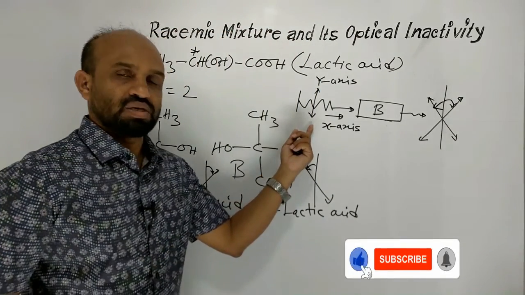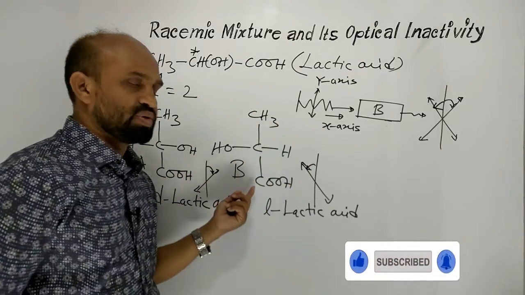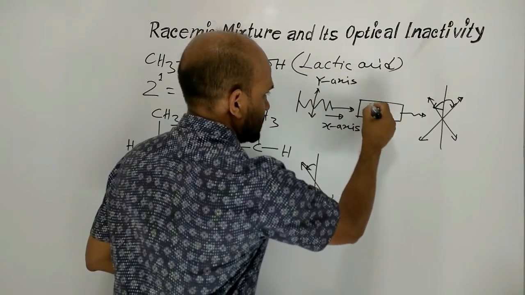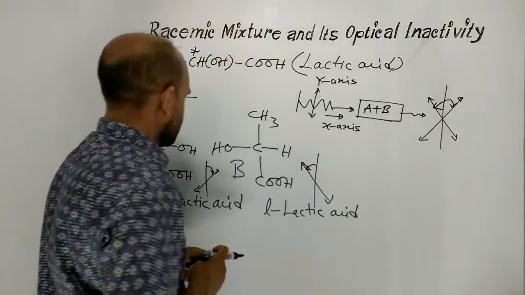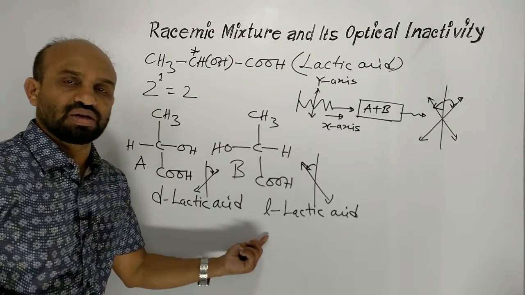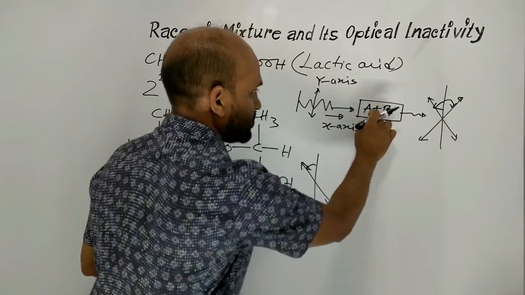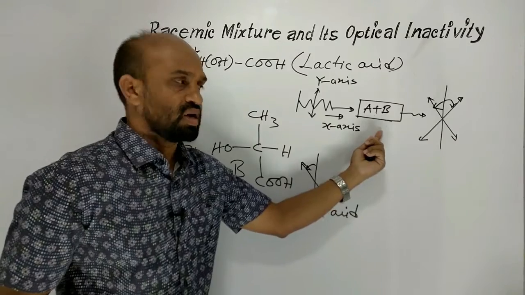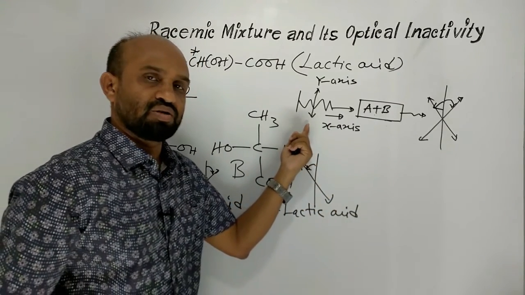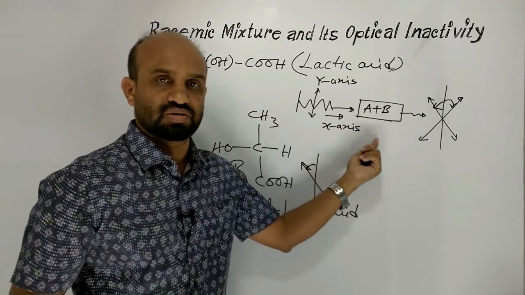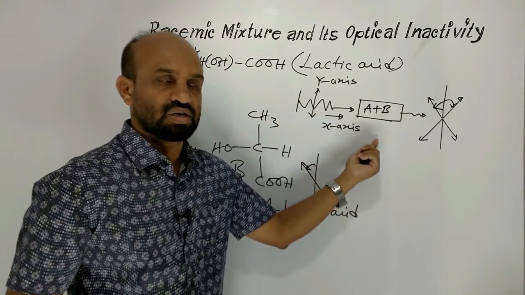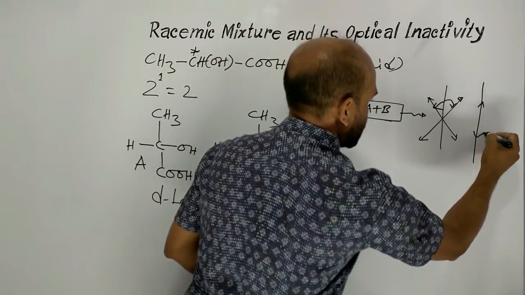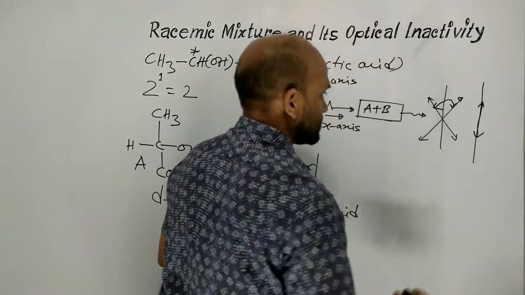But when an equal amount of A and B, a mixture A plus B, that is D-lactic acid and L-lactic acid, an equimolar mixture of these two compounds, is taken here, and after that plane polarized light is passed through the solution of this mixture, then it is observed that the plane of the polarized light remains as it was.